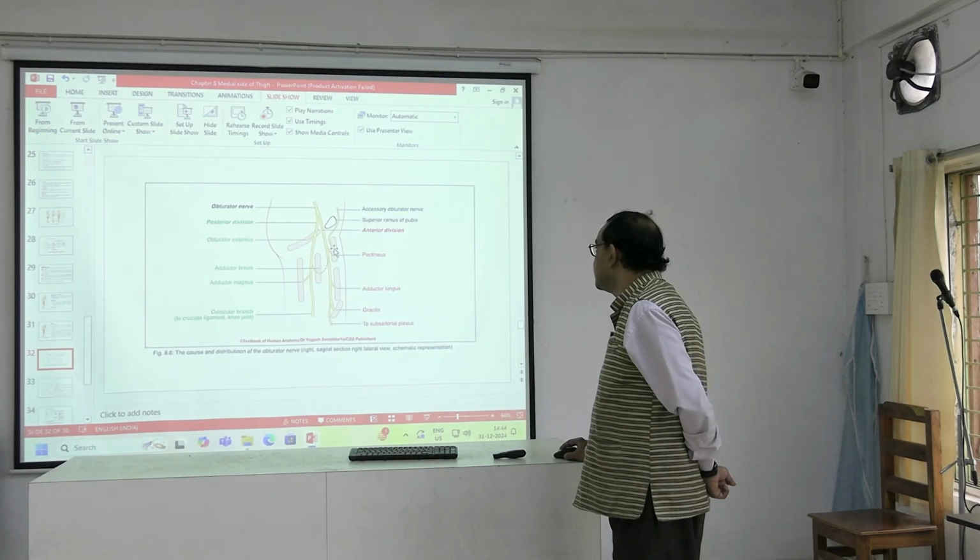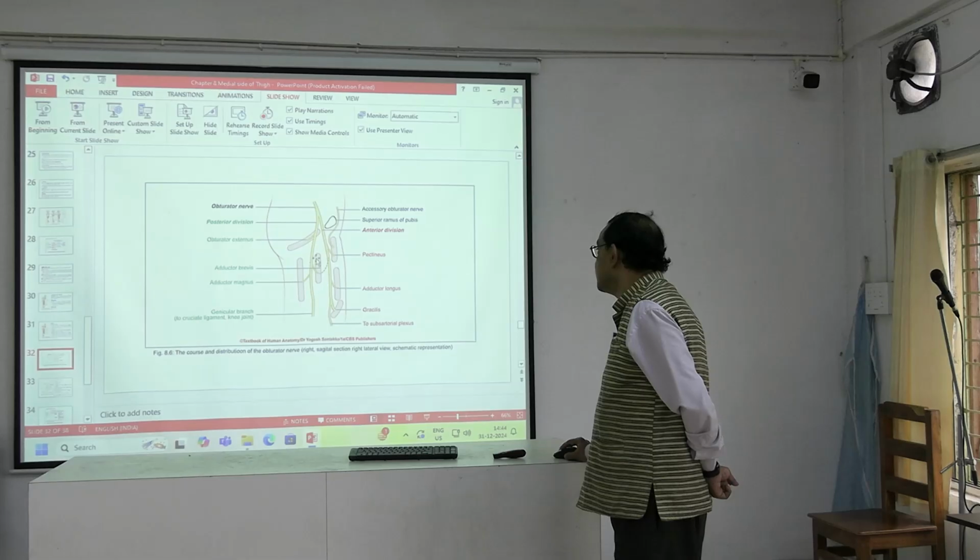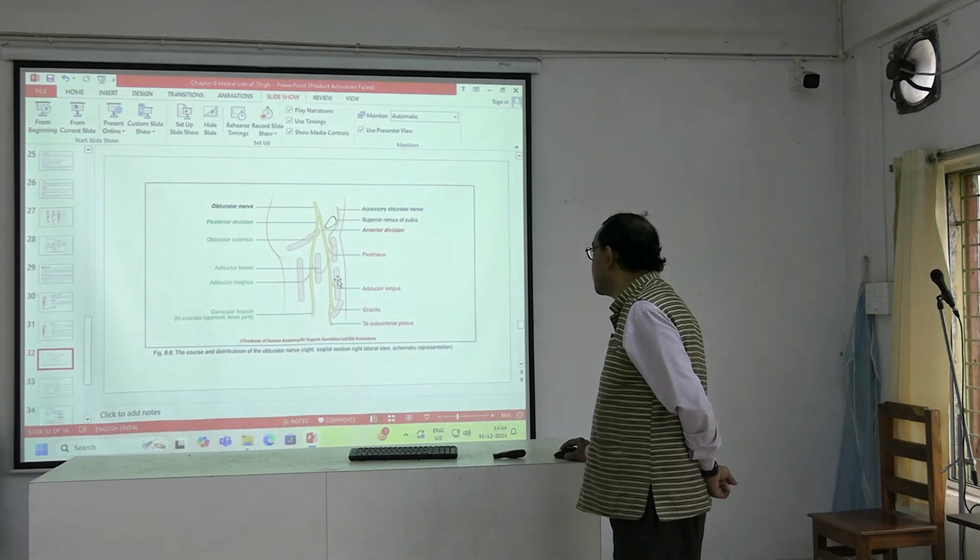We can find pectineus muscle, adductor brevis muscle and adductor longus muscle in front, and behind is the adductor magnus. Adductor longus in front, adductor brevis in between, and behind we get the adductor magnus. So, the anterior division will move in between adductor longus and adductor brevis, and the posterior division will move behind the adductor brevis.